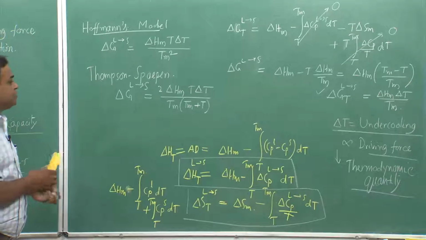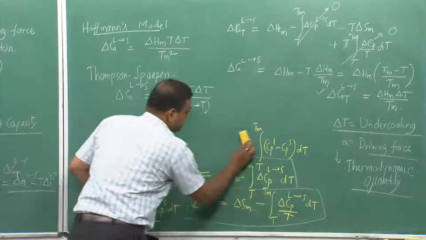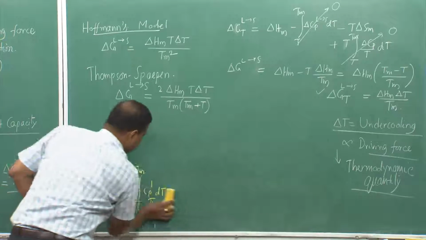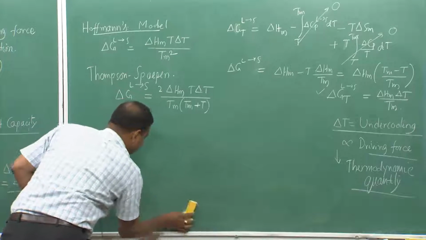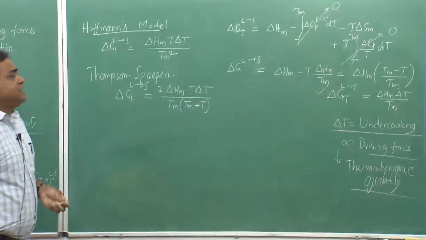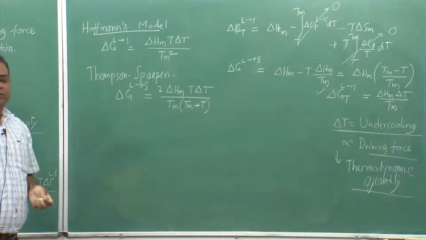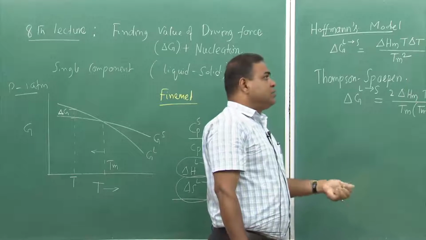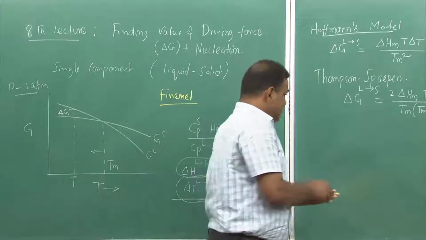Now, let us say somehow I could calculate the del Cp, which is an experimentally found value, when we try to see the liquid to solid transformation.